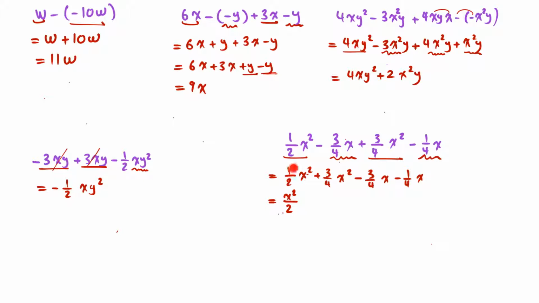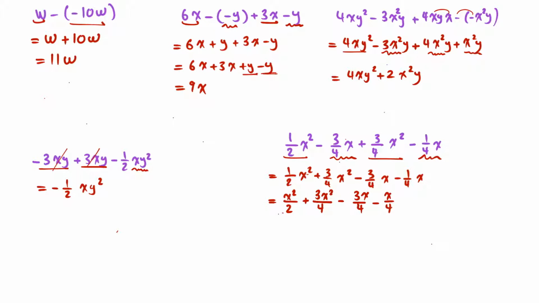So you can multiply the numerators together and you get x squared over 2. And I will add 3x squared because 3 is in the numerator and x squared is in the numerator, and the only denominator that I have is 4. And then I will subtract 3x over 4 minus x over 4.